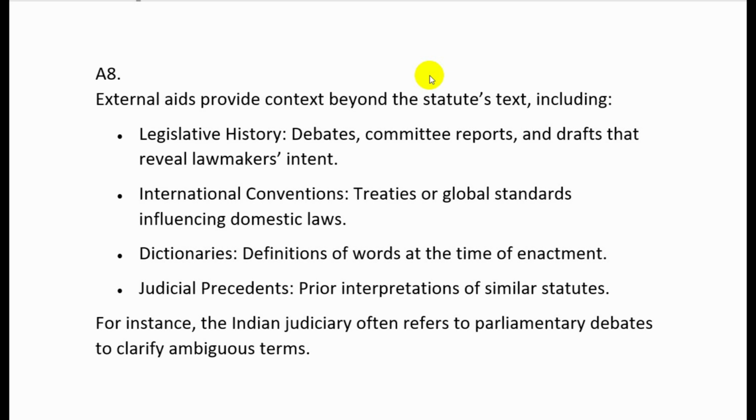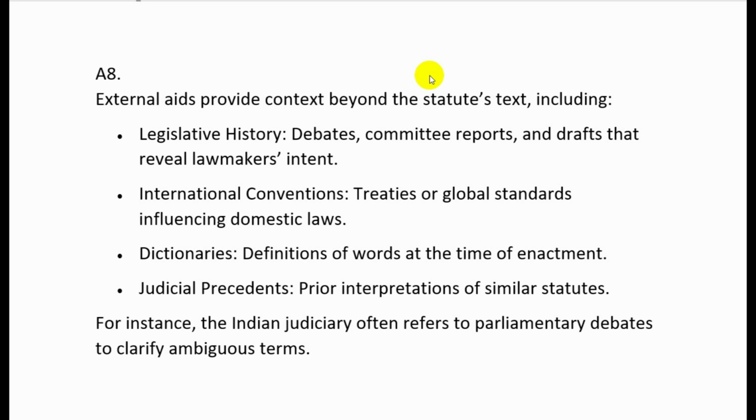One is legislative history. So debates, committee reports, and drafts that reveal lawmakers' intent. If some laws are ambiguous or not very clear, then we can look at the legislative debates, or look at the committee reports before the laws were passed, or look at some of the drafts which were relevant to passing of those laws.